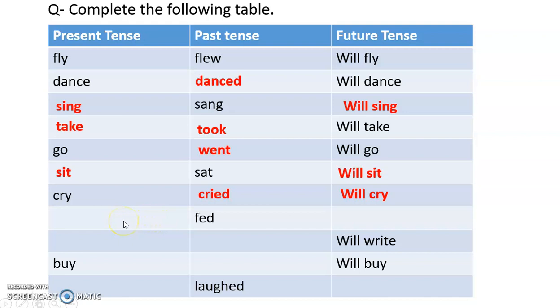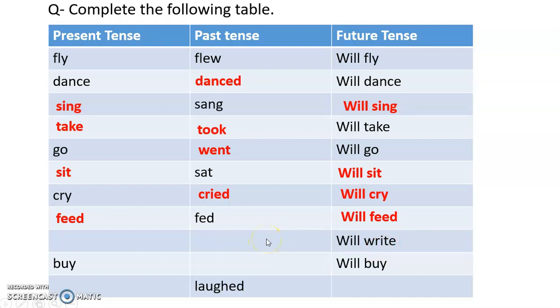Yes, very good. The present tense of fed is feed, fed, and the future tense is will feed. Now here the future tense is given, present and past is not given. Will write. So tell me, what is the past tense of write? Past tense of write? Yes, very good.